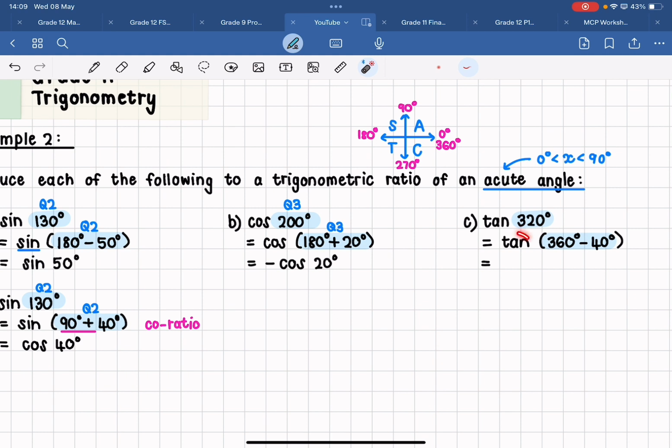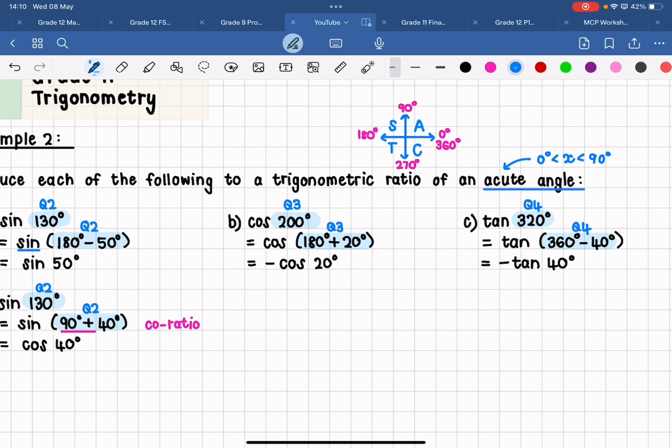What is tan in the fourth quadrant? Because this is a tan question, it is negative. So when I drop the 360 minus, I need to change it to negative tan of that acute angle of 40 degrees. I'm just realizing now I forgot to add here quadrant 4.